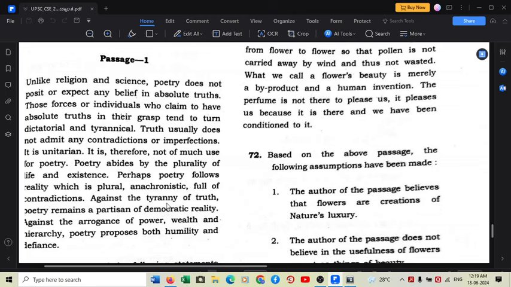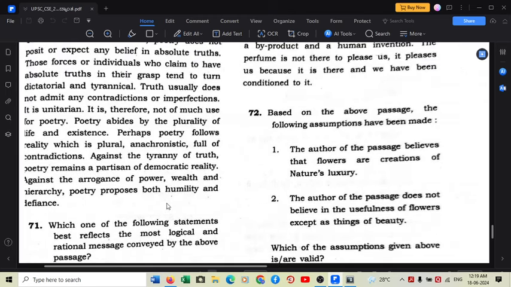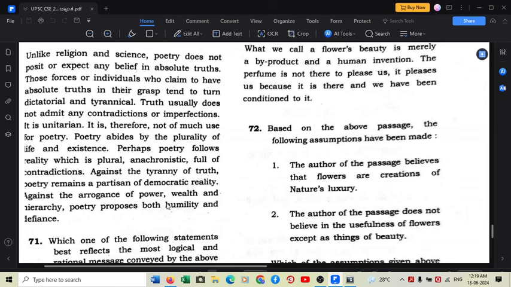Those forces or individuals who claim to have absolute truths in their grasp tend to turn dictatorial and tyrannical. Dictatorial is again a negative way of dominating the people. It is all about centralization of power. Tyrannical means cruelty.